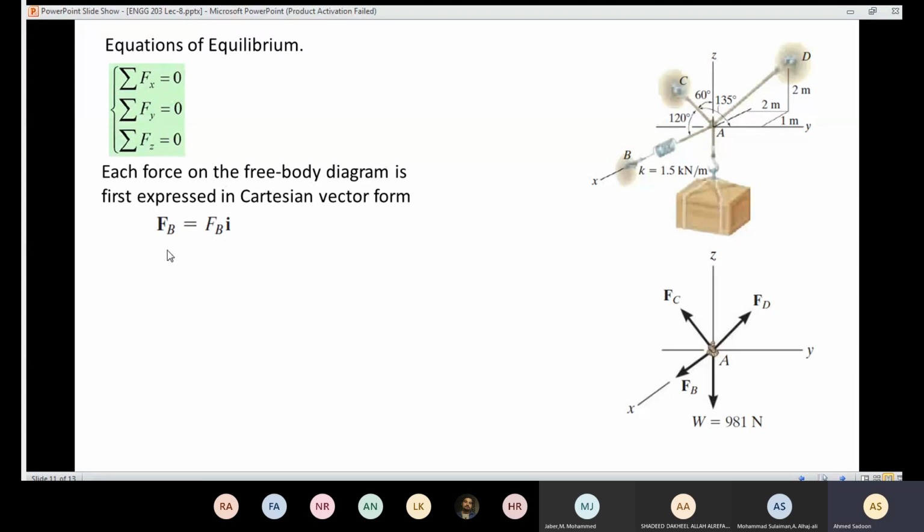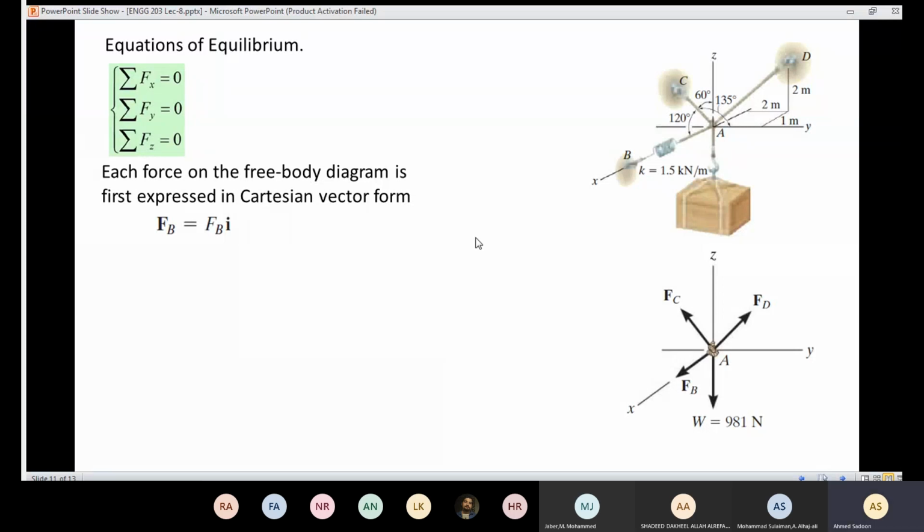So the FB vector equals FB, the magnitude, followed by the letter i. And I could write plus 0j plus 0k, but since I don't have components in Y and Z, I don't need to write those parts.